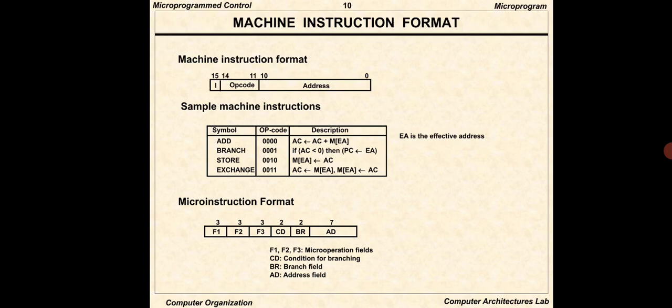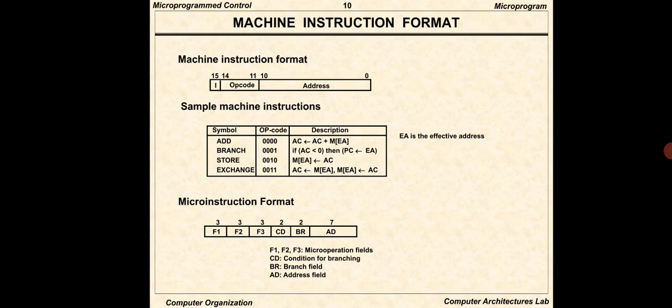Now let us come to something very important for your final exam, which is the micro instruction format. This micro instruction format may be asked in your final exam paper. This is one of the important questions from this micro program control unit. What is this micro instruction format? How many bits is the micro instruction?